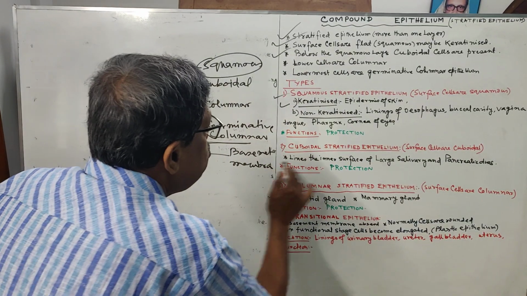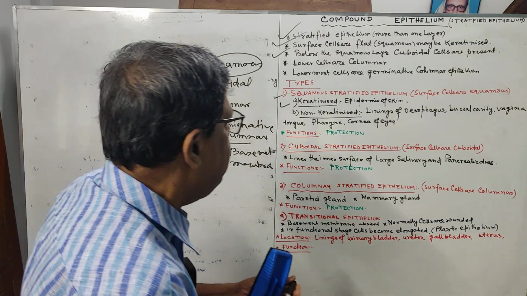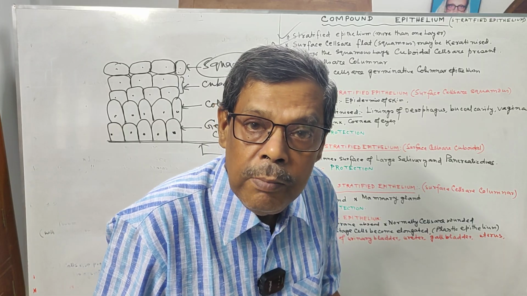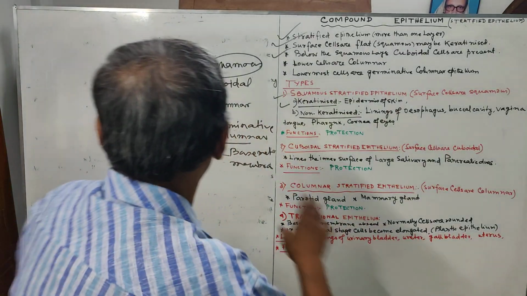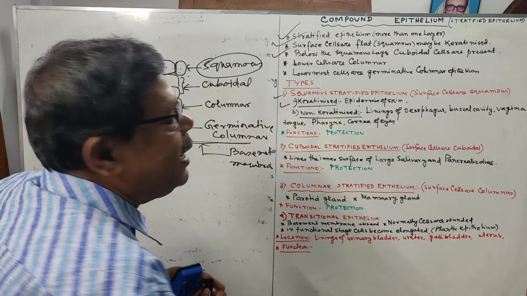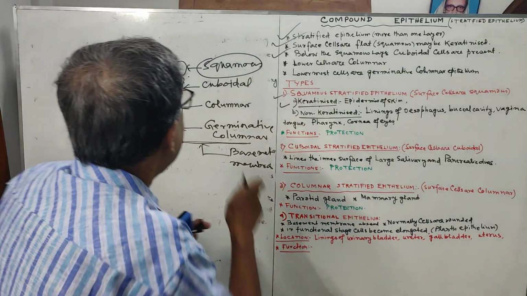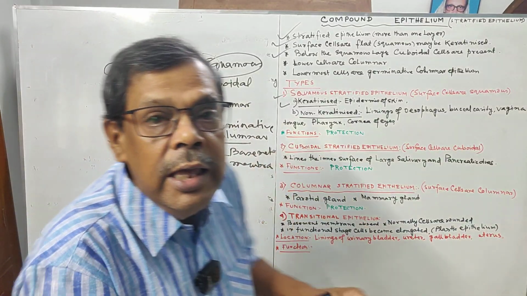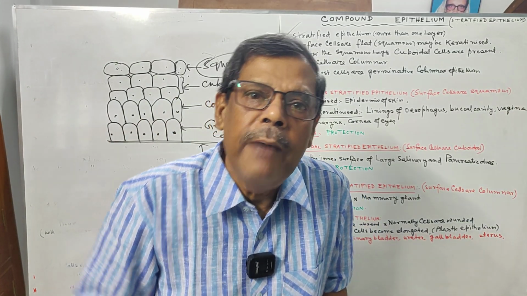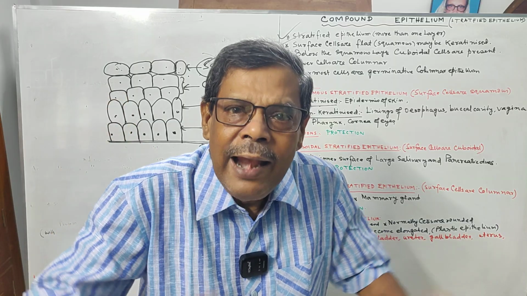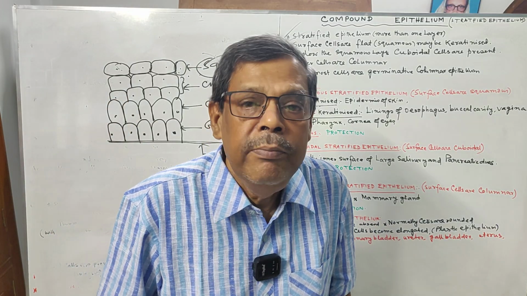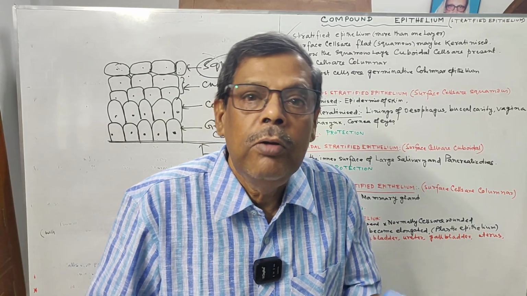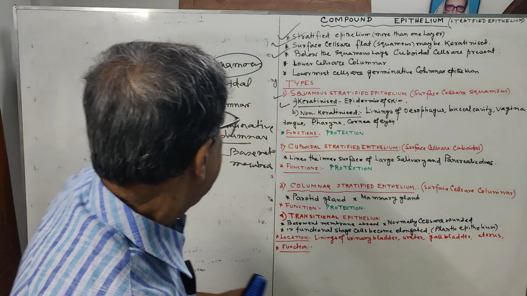Next, cuboidal stratified epithelium. In stratified epithelium several layers are found, but here the uppermost layer is cuboidal. Lower and lowermost layers may be cuboidal or columnar.